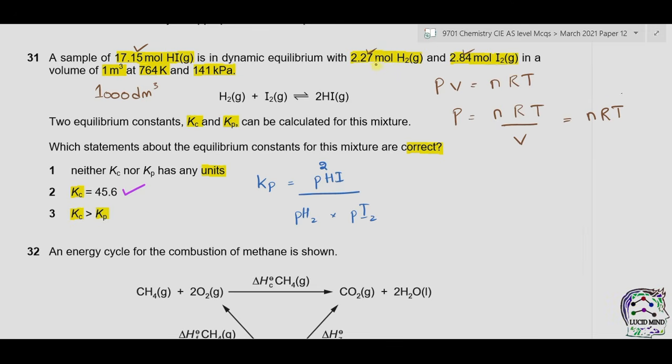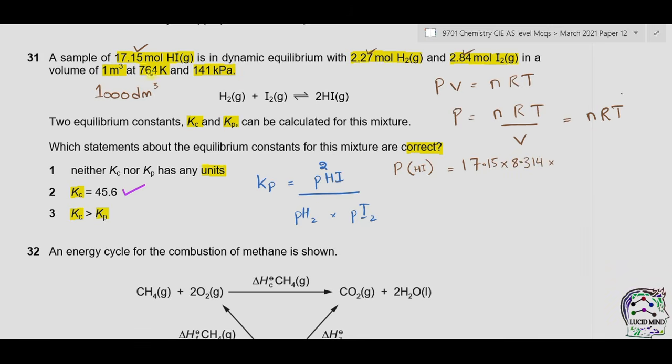Now let's find the partial pressure of each gas. We have hydrogen iodide, hydrogen and iodine. So first one is hydrogen iodide. Number of moles is 17.15. R is 8.314.